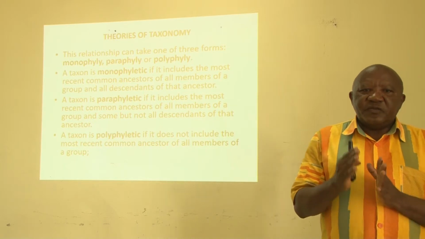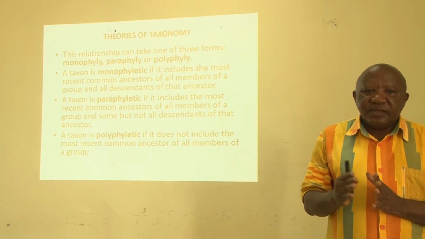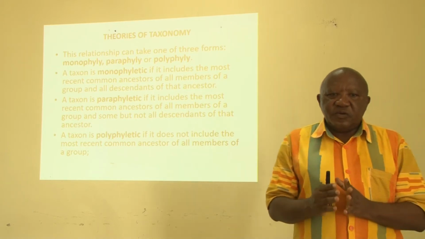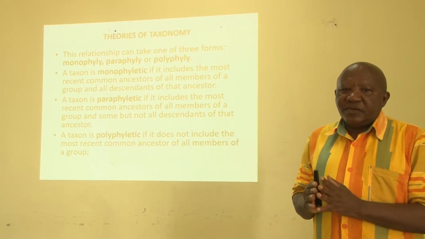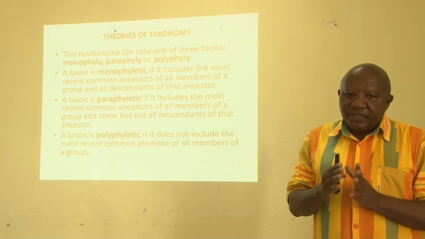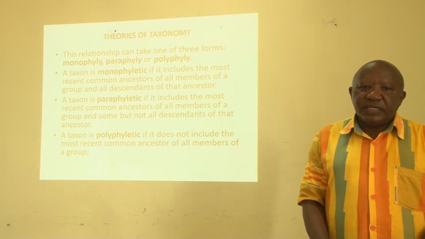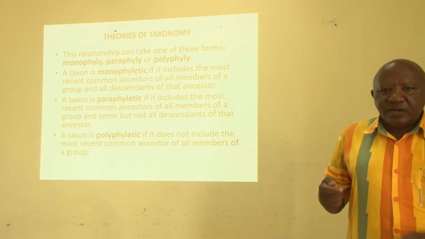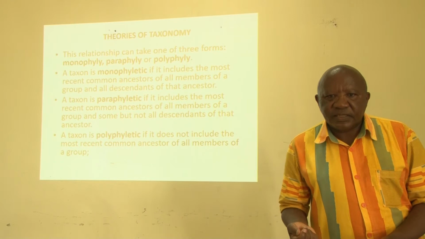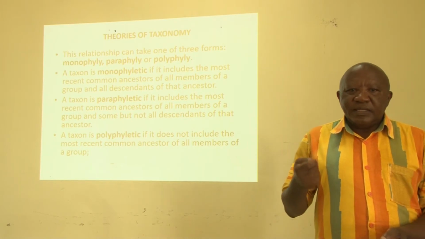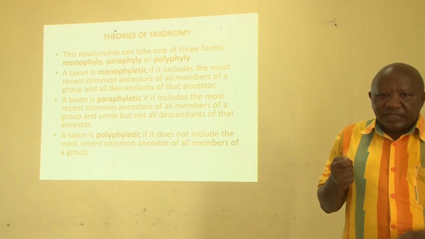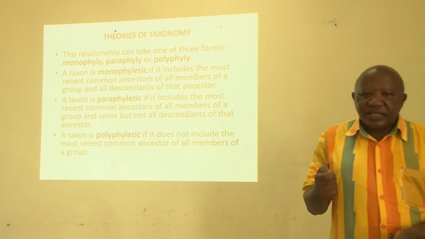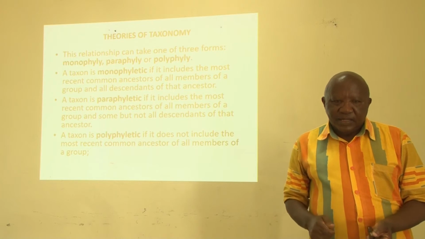A taxon is monophyletic if it includes the most recent common ancestor of all members of a group and all descendants of that ancestor. I repeat again. A taxon is monophyletic if it includes the most recent common ancestor of all members of a group and all descendants of that ancestor.